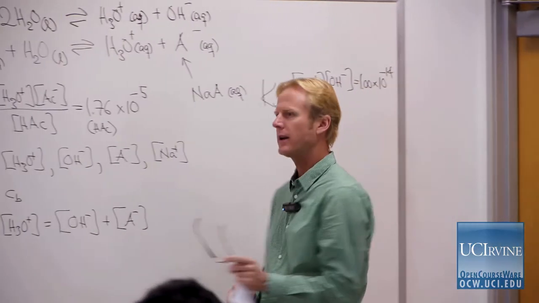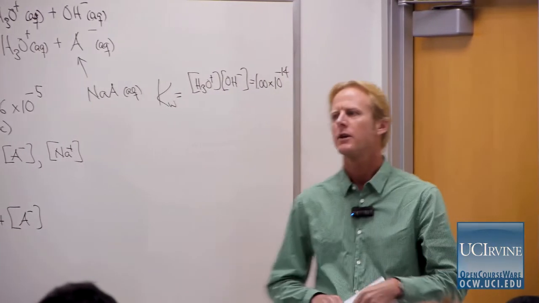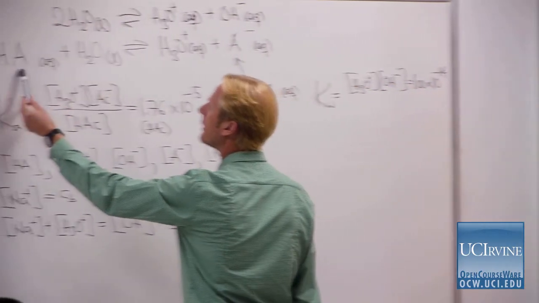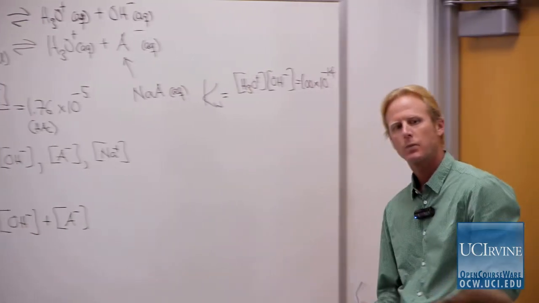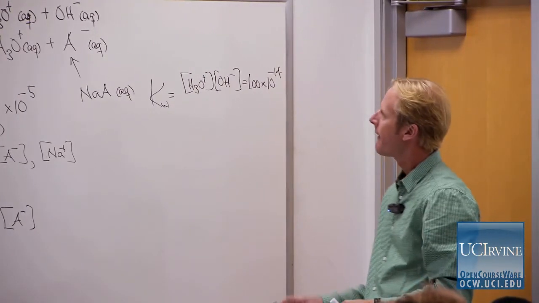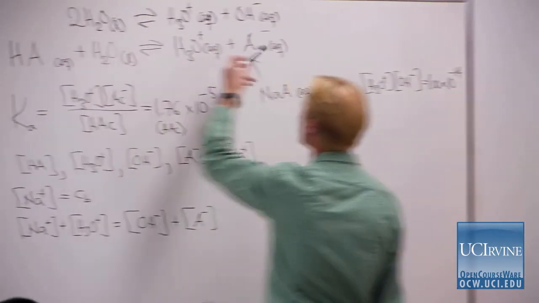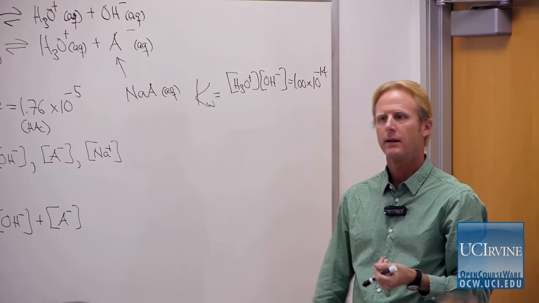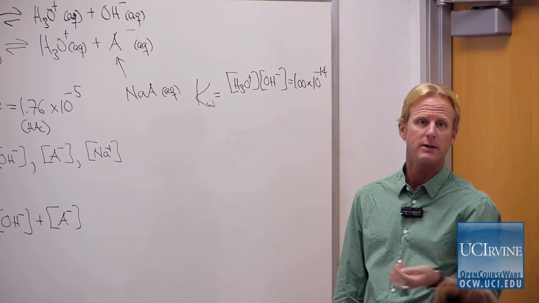This last one's a little tricky, but once you hear it, you'll say, oh, okay, I see. So, let's have a look at this equation here. This equation here has an A on both sides. What's the A? It's whatever the molecular species is.